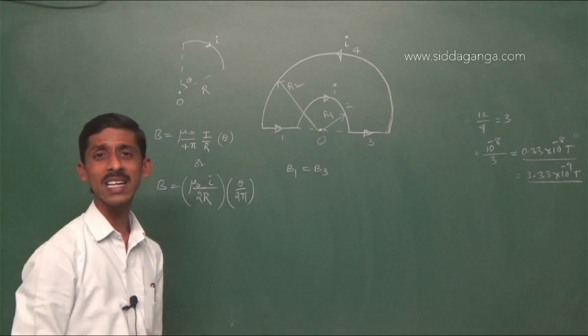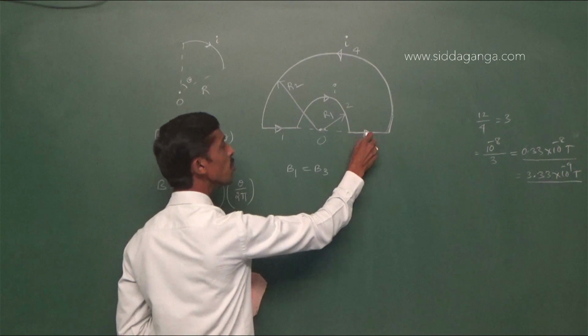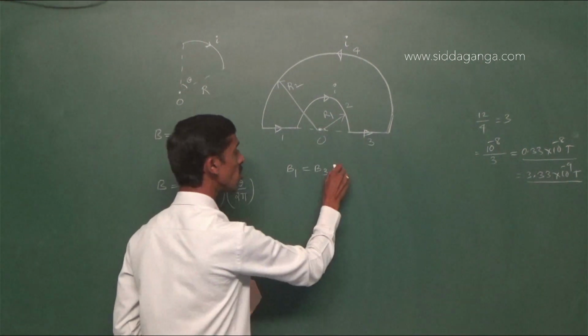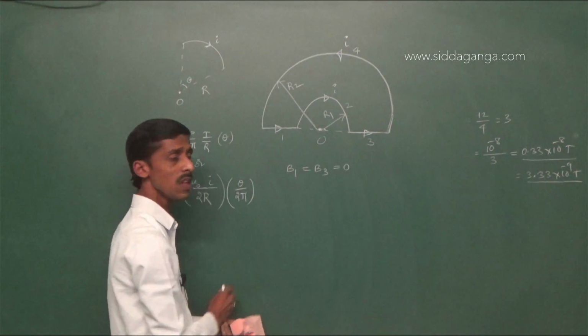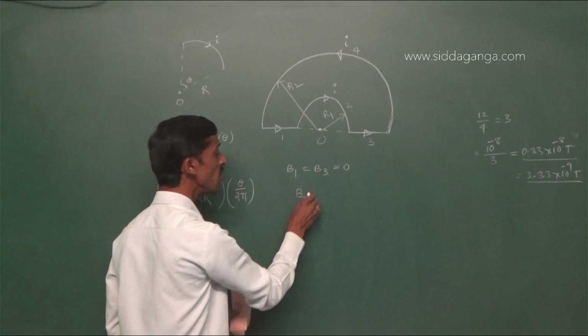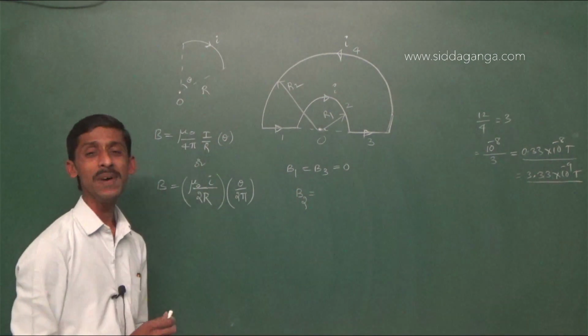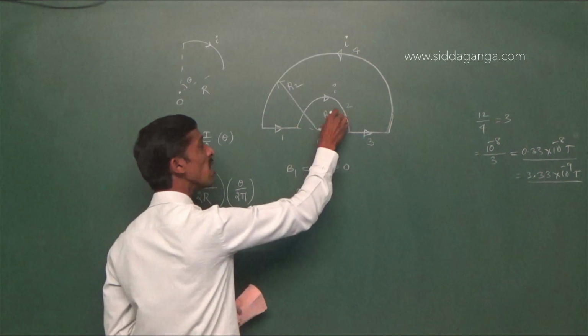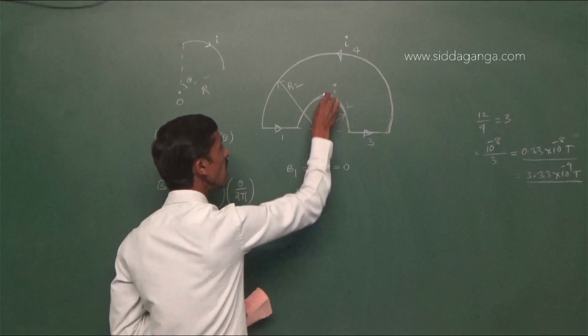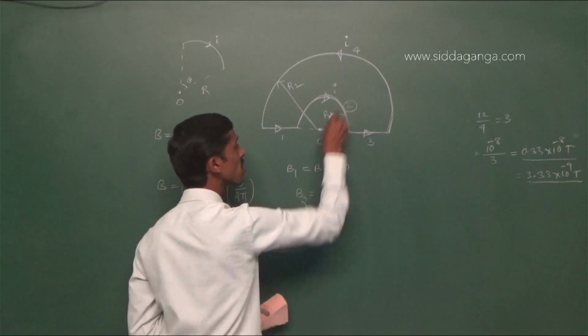According to Biot-Savart law, theta is 0, so these two contributions are 0. So what is the magnetic field due to the semicircular arc of radius R1, due to this part?